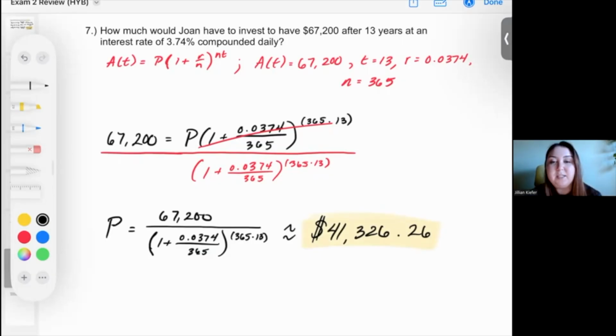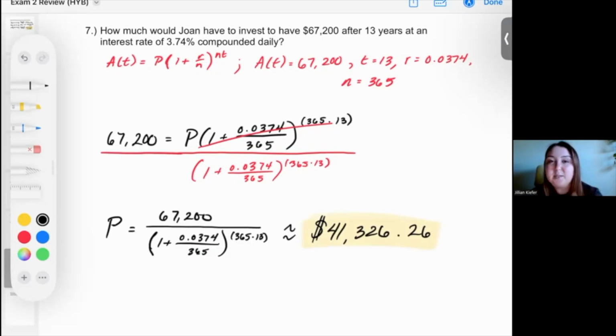That's how much money would need to be invested in order to reach $67,200 after 13 years at an interest rate of 3.74% compounded daily. So, all right, we can use our formulas that were given to find the other things in our formulas, not necessarily exactly what it's designed to solve for. But, all right, that finishes up number 7.